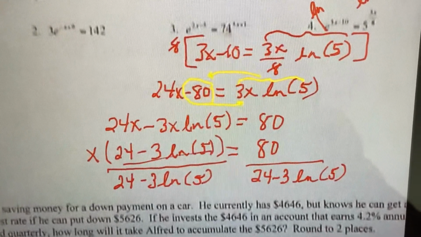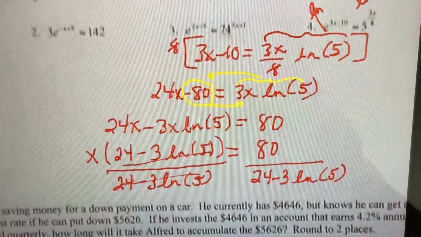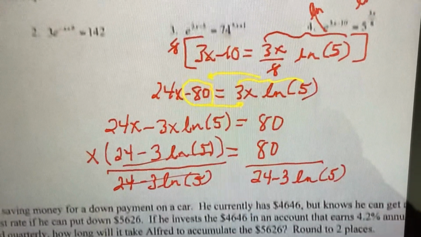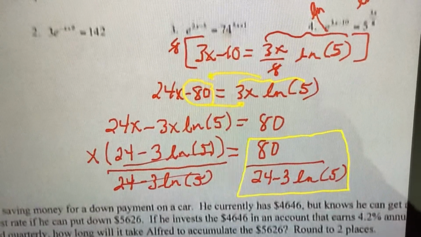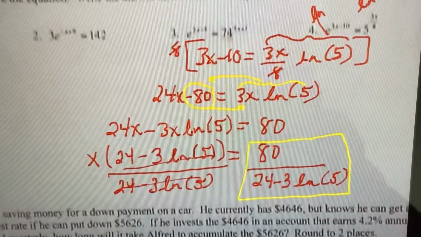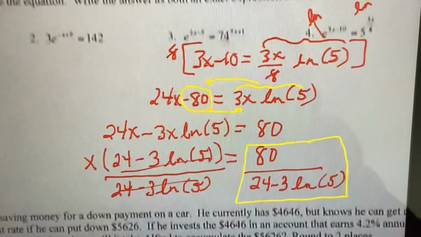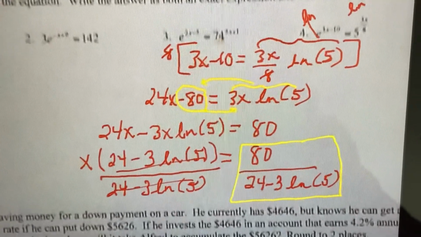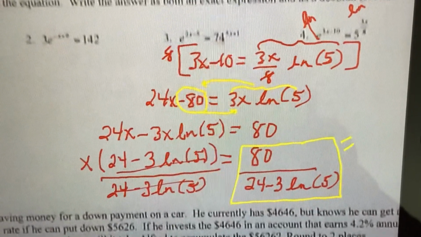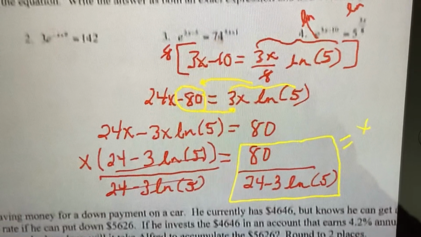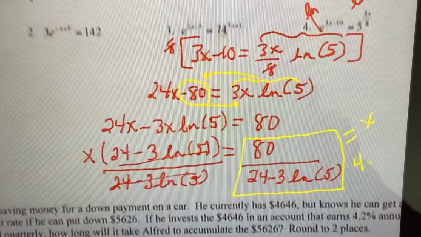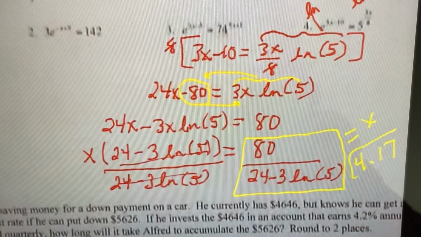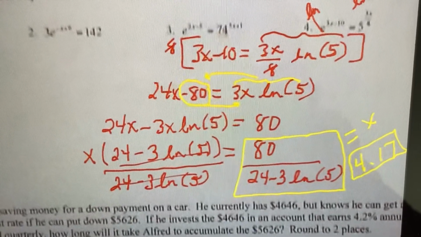So, canceling, exact expression, 80 over 24 minus 3 times the natural log of 5. And then put this into your calculator exactly the way you see it, and you will get a decimal of 4.17. So 2 answers you're looking for.